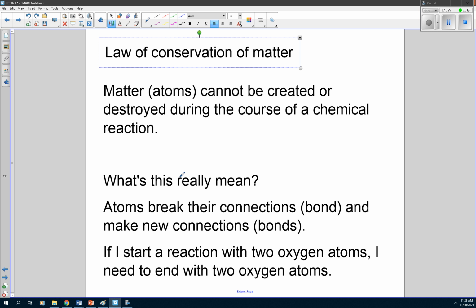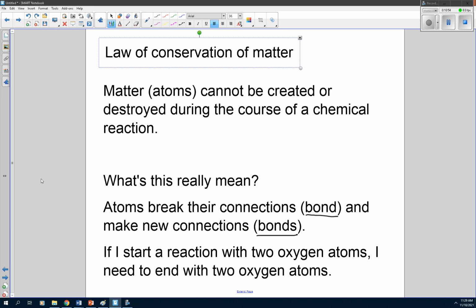So the basis of any chemical reaction is that atoms have to break their connections with each other. A more technical term for connections is this word bond, and there's multiple types of bonds atoms can have: metallic, ionic, covalent bonds. And they have to make new bonds. That's it. That's the only thing that happens in a chemical reaction. So matter cannot be created or destroyed in this process.